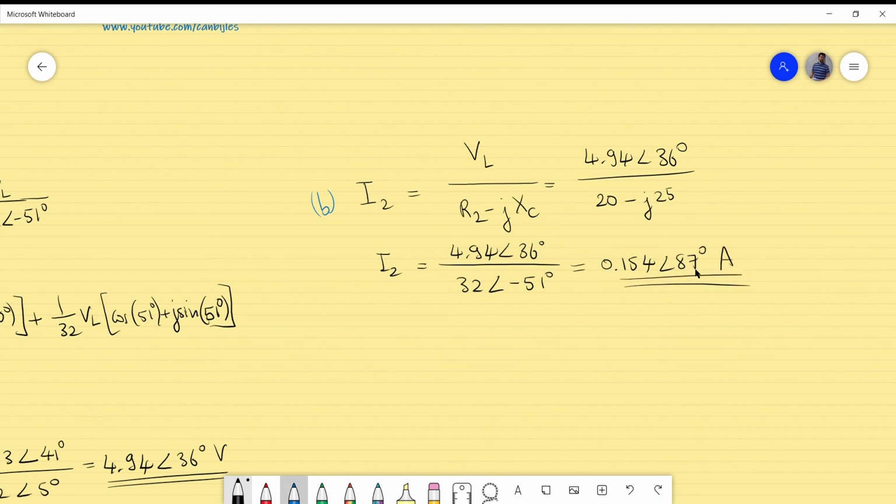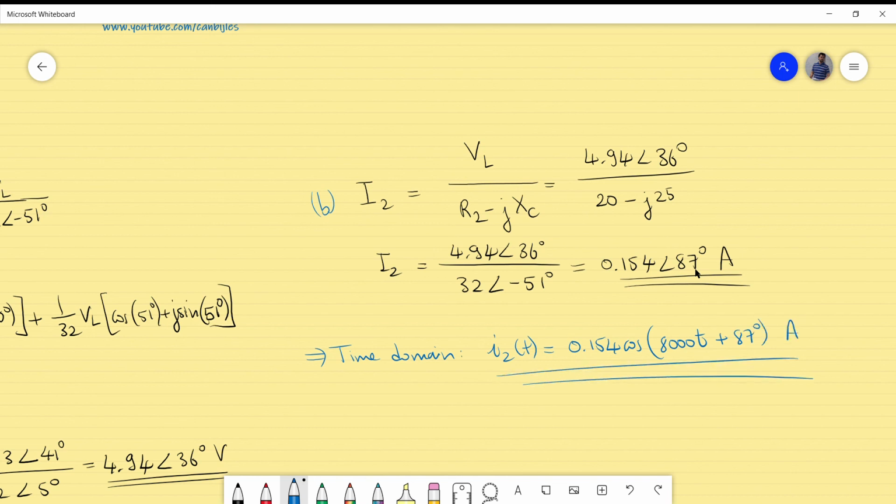Now this will of course also be converted to the time domain. So the time domain expression for I of 2, which is the required value, will be 0.154 cosine, same frequency, 8000 t, and a phase of 87 degrees, in amperes.